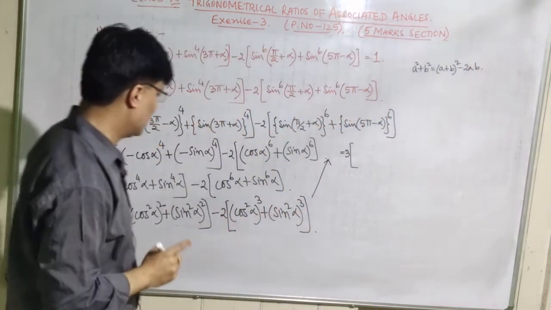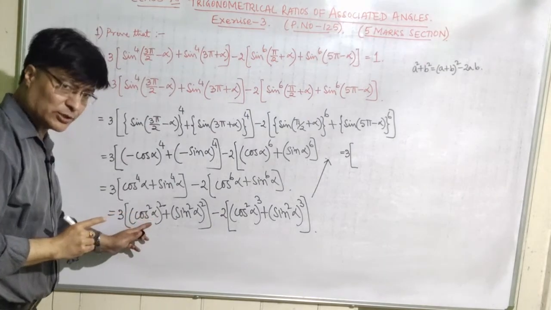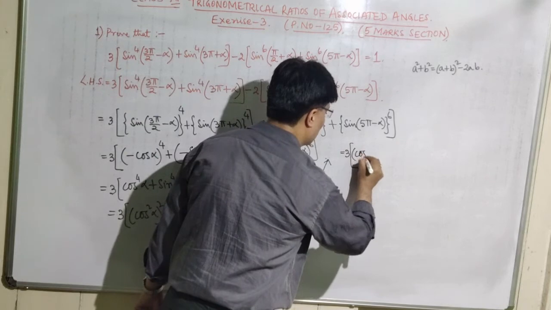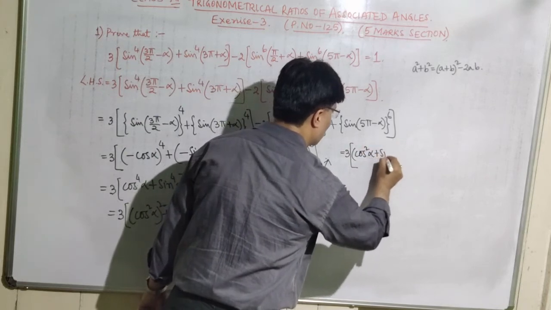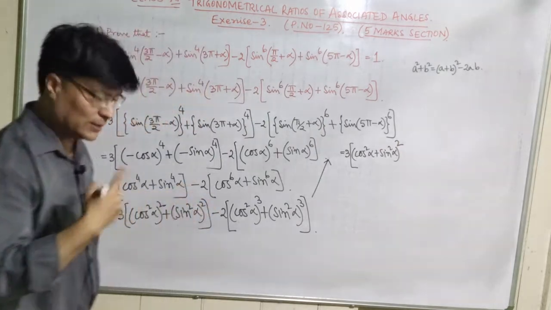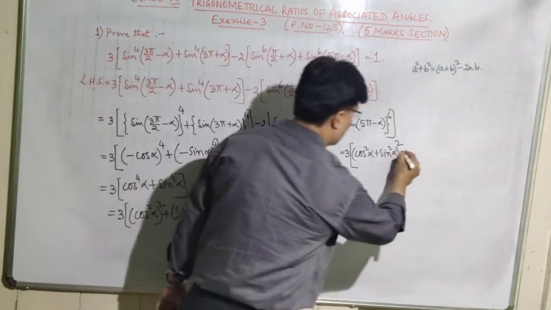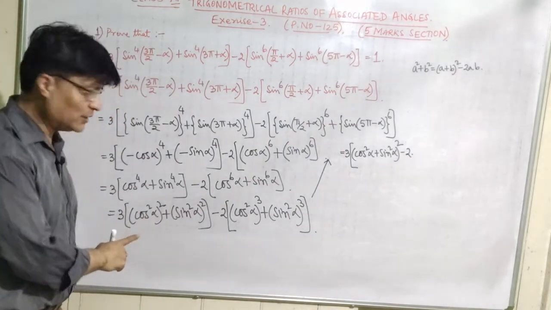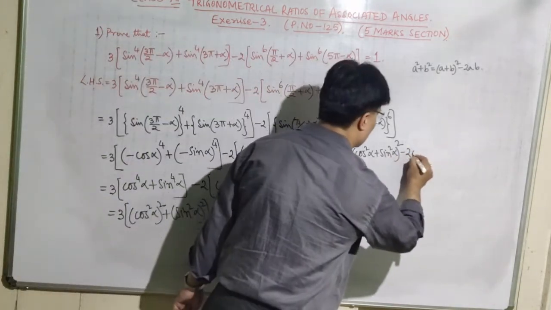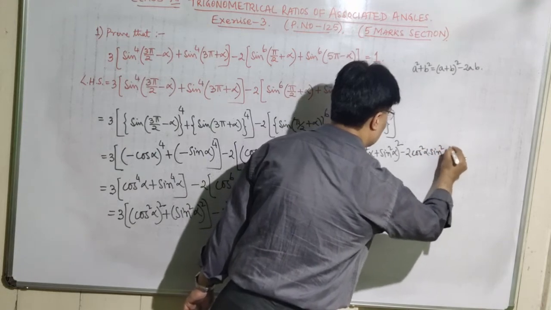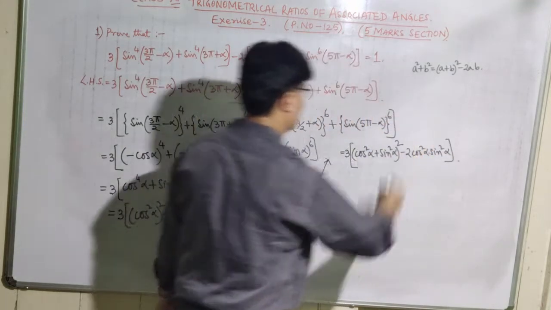You can use this formula. What is A here? Cos square alpha. What is B here? Sin square alpha. So it is A plus B whole square, cos square alpha plus sin square alpha whole square. Then minus twice AB, minus 2 into what is A? A is cos square alpha, isn't it? So let us write here cos square alpha. And what is B here? It is sin square alpha. Is that clear?